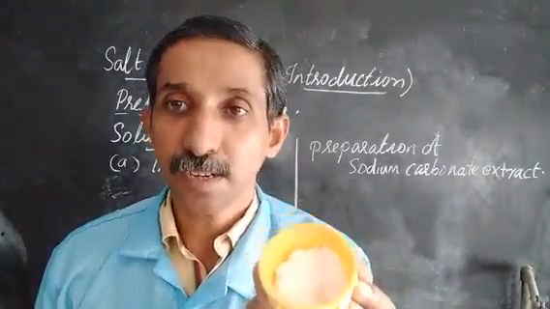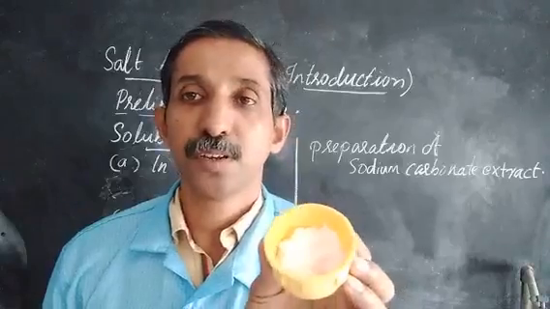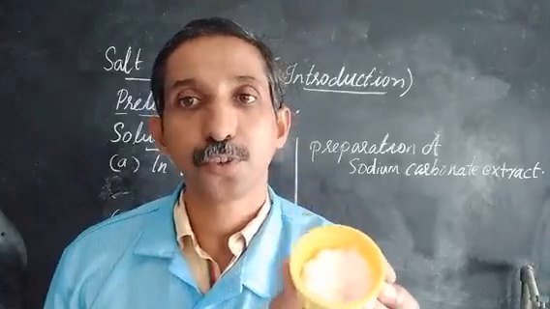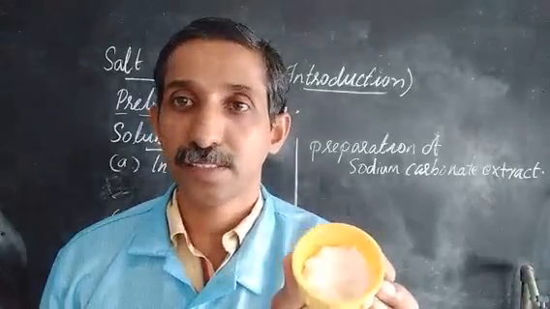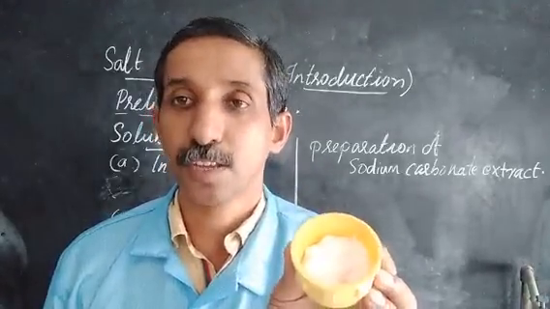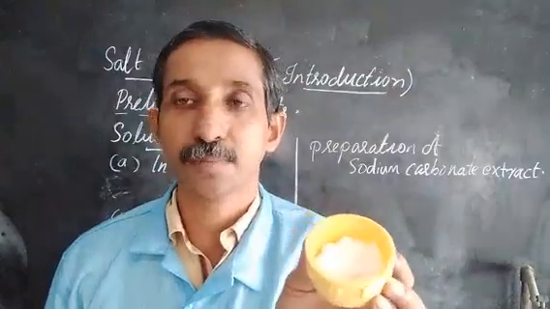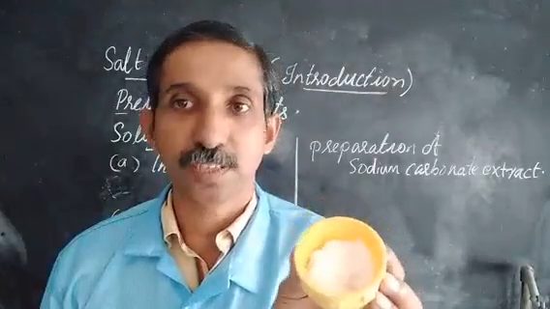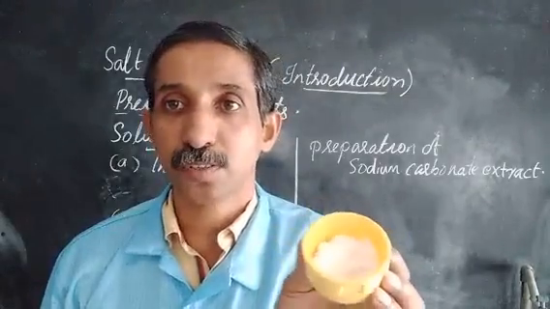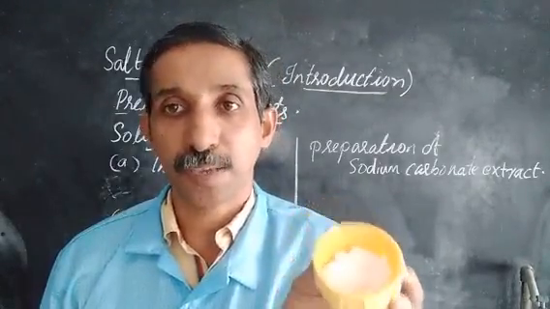Because there are few cations which cause the salt to be colored, for example copper, cobalt, nickel, etc. Copper salts are normally blue in color, sometimes bluish green. Nickel salts are green in color, cobalt salts are purple or pink in color.